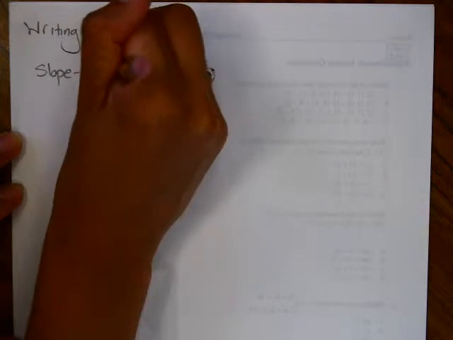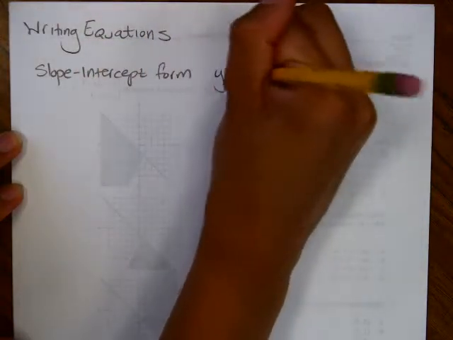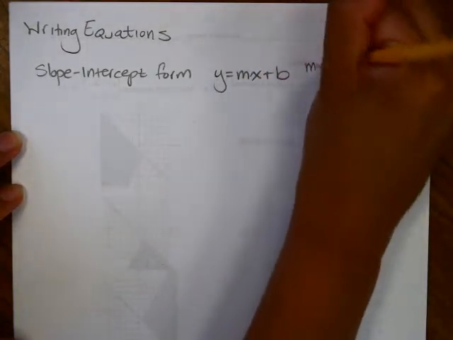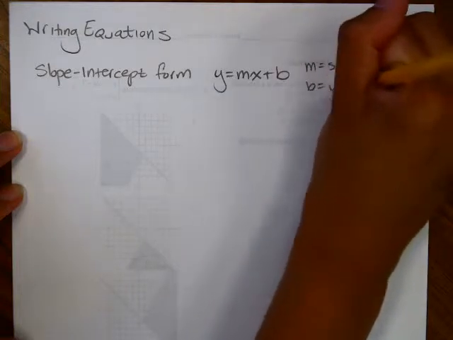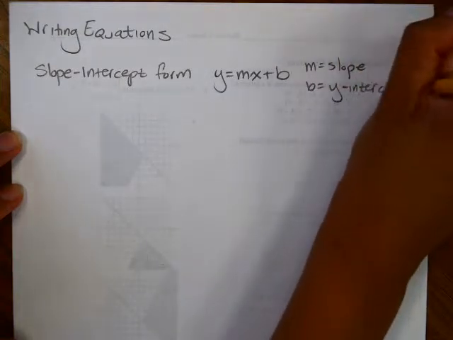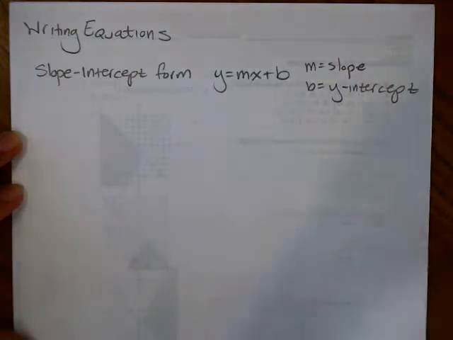So first of all, if you want to write the equation of a line, there are two forms that we usually use. The first one is slope-intercept form, y equals mx plus b. Remember here that the m is the slope and the b is the y-intercept.